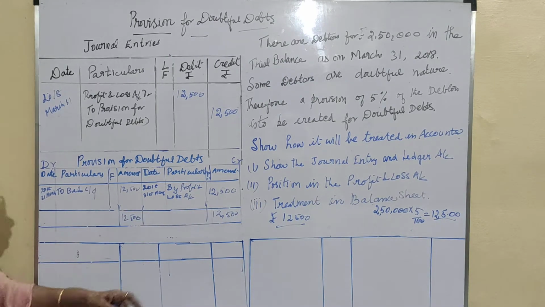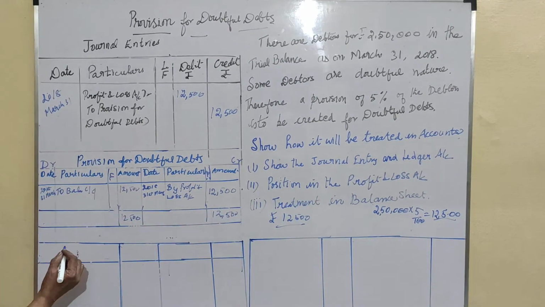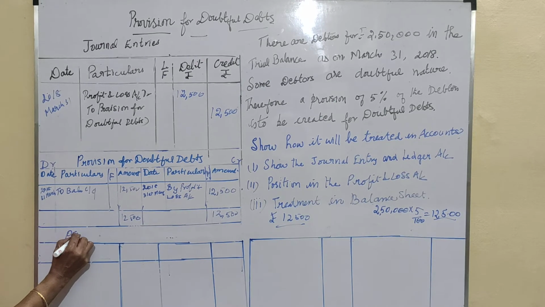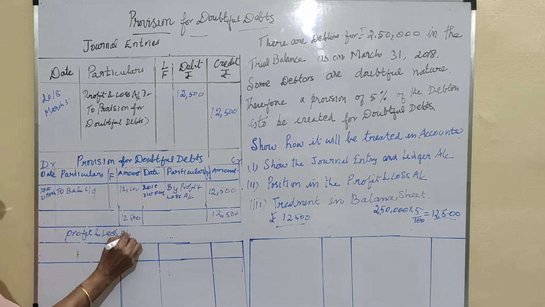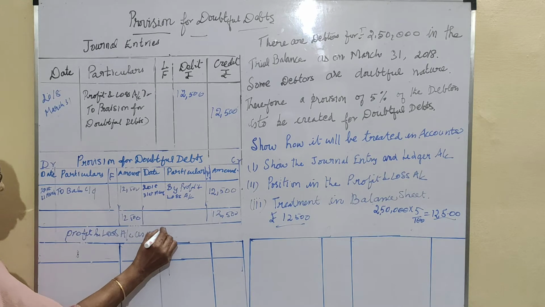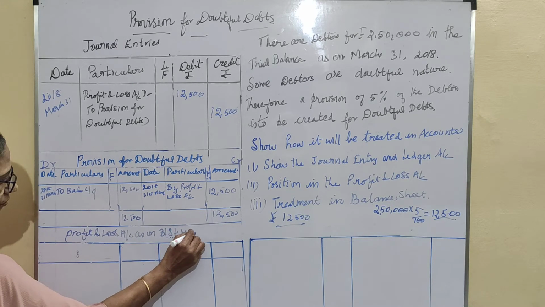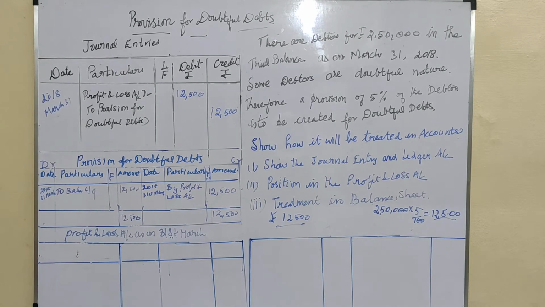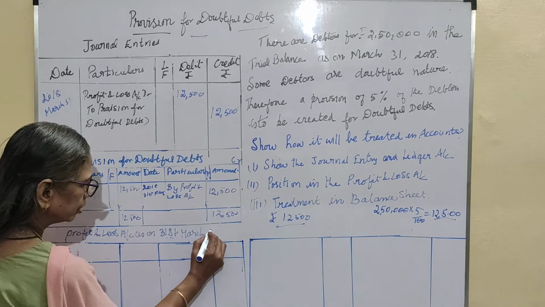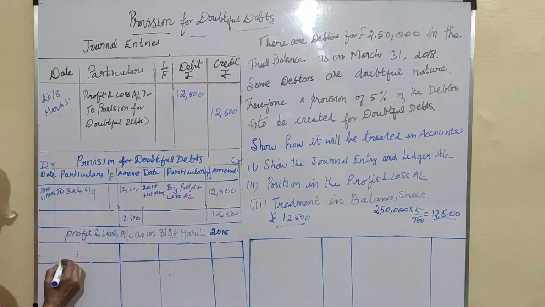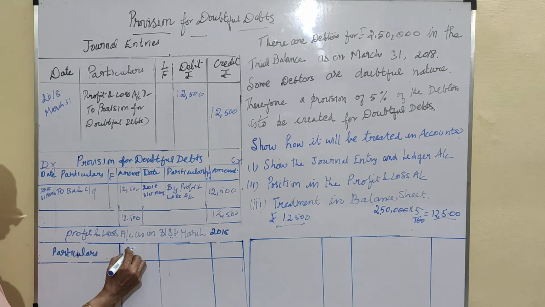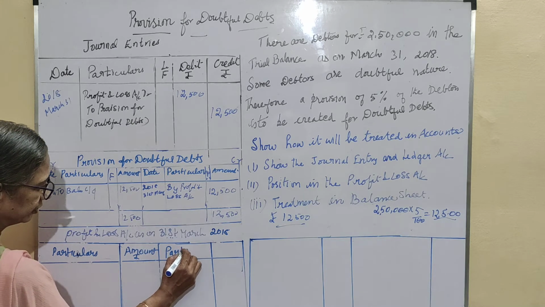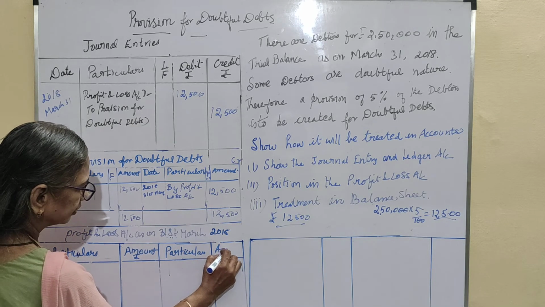And next, how will it be shown in the profit and loss account. This is the profit and loss account as on 31st March 2018. These are the particulars column and the amount column.